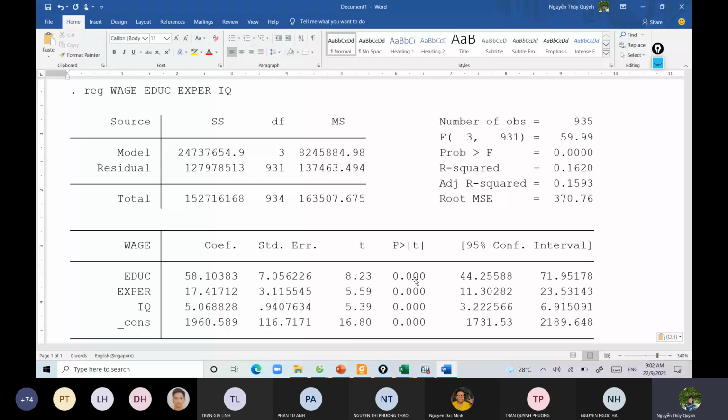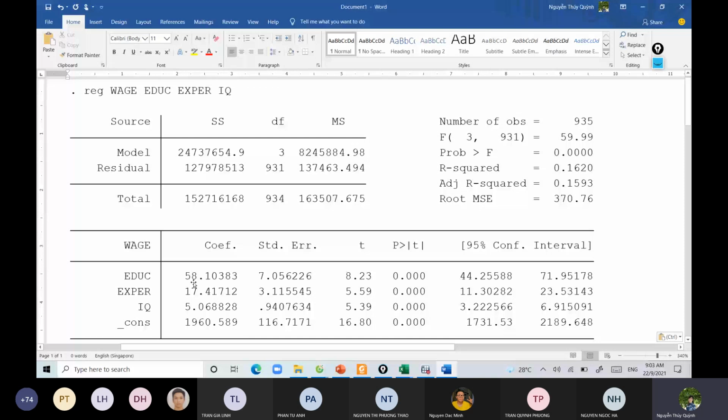Now this column is the p-value for a two-sided test. For example, I want to conduct a one-sided test for our regression coefficient, here for education. I see that in this sample our estimated regression coefficient, beta 1 hat, is greater than 0.